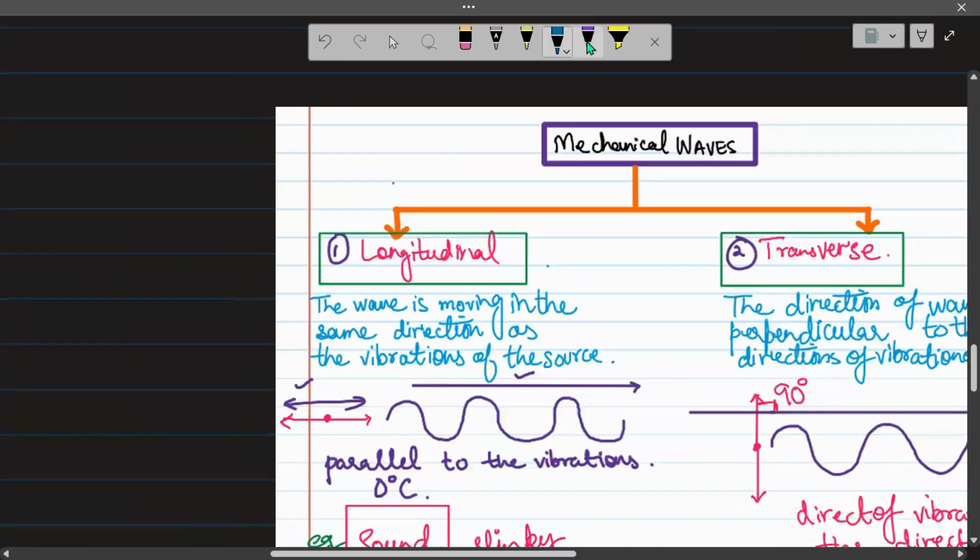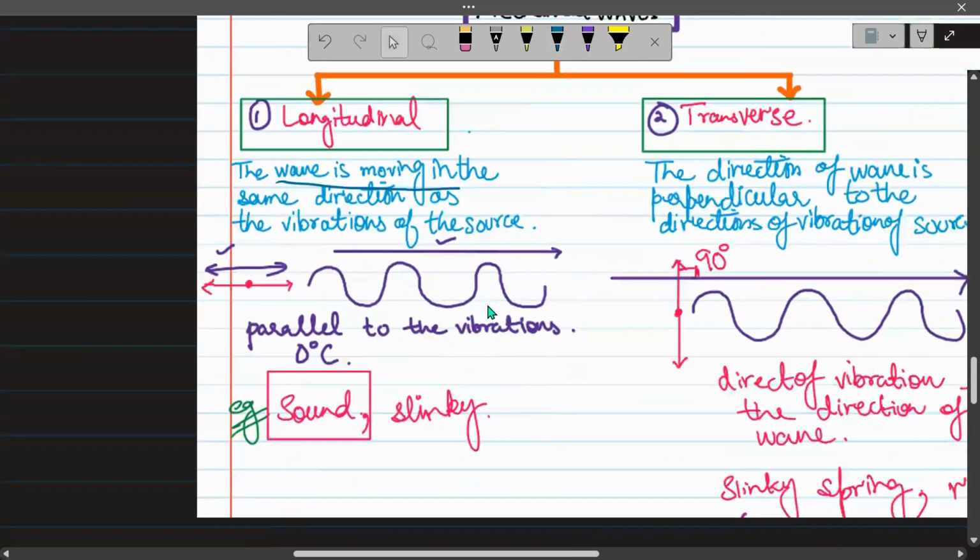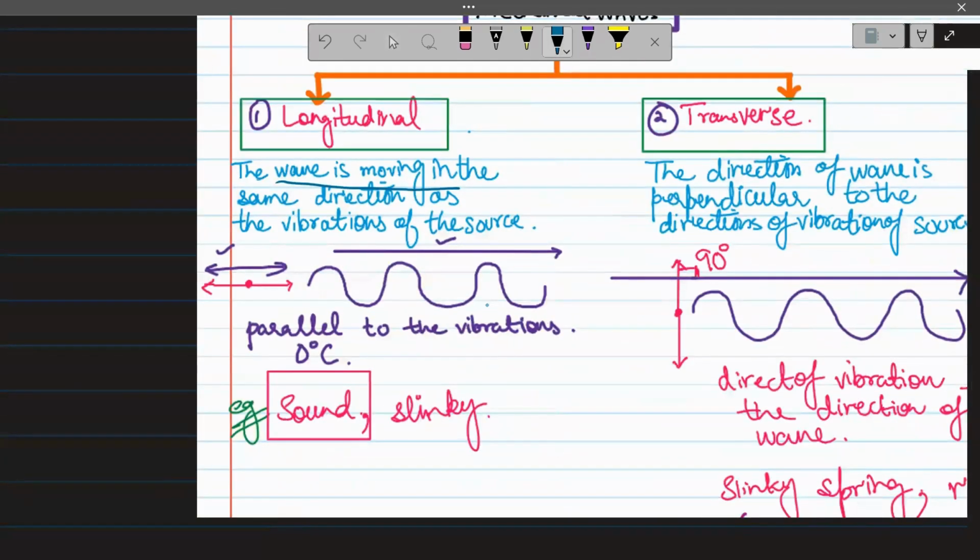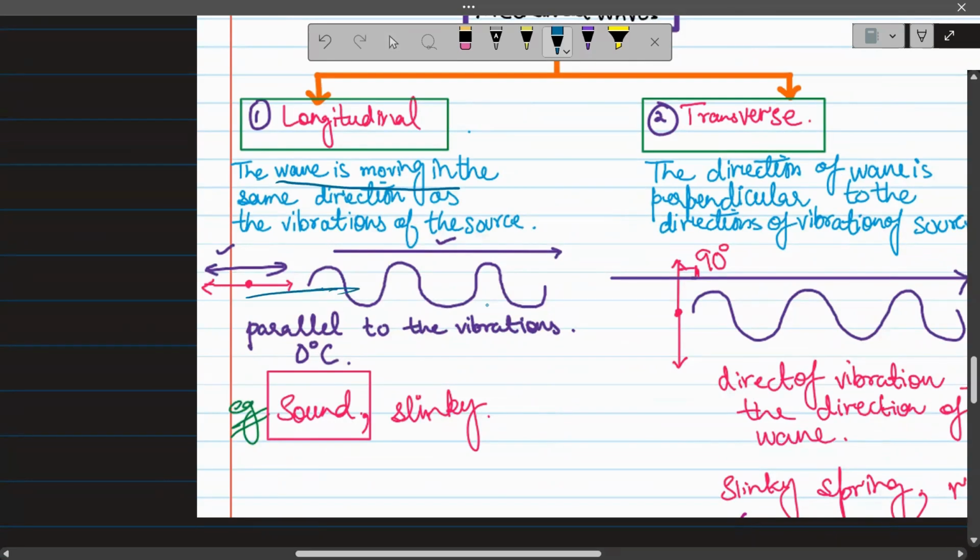In a longitudinal wave, the wave is moving in the same direction as the vibration of the source.